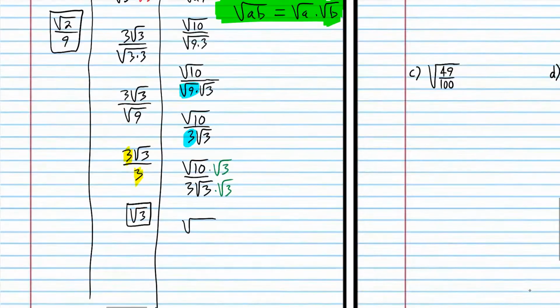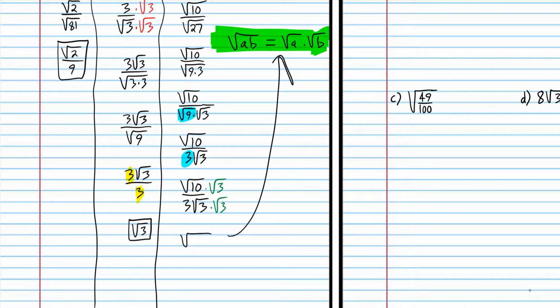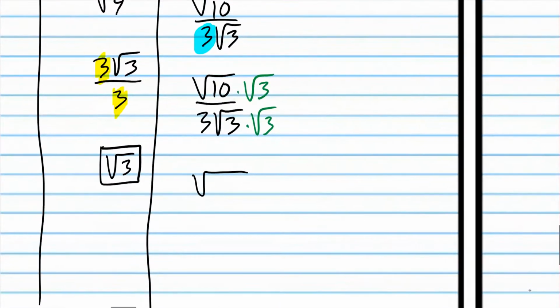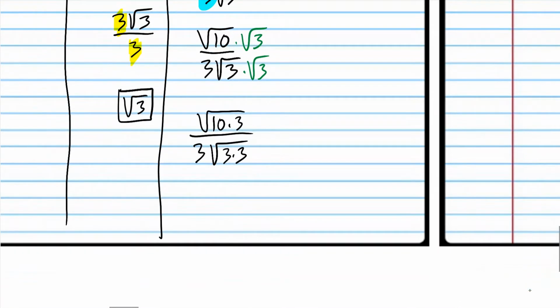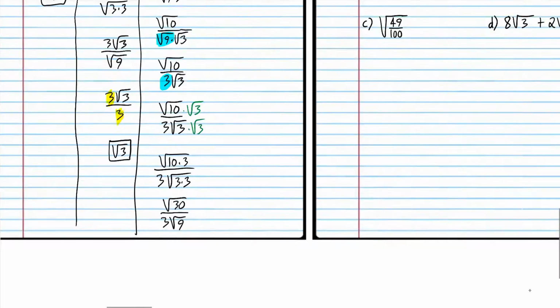So now, again, using the same principle, I'm not going to reverse this again, but it's just going from right to left. We're multiplying root a times root b to get root ab. So that becomes root 10 times 30. And down here we have root 3 times 3. Then you're left with root 30 over 3 times root 9.